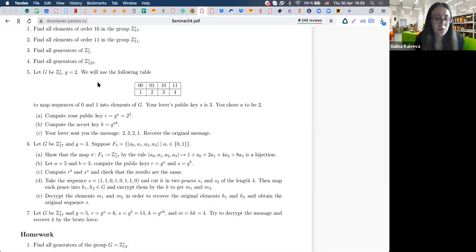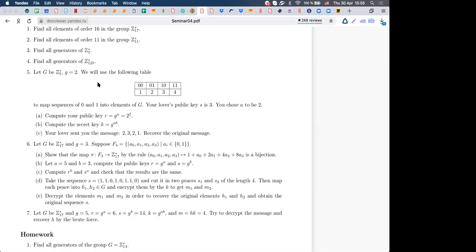So we know that the public key is 3. And what is the public key? Do you remember? The public key of the other person. It's the key which everyone sees. Yes, I forgot how to define it. It's something in the power of something. Yeah, it's like our private key in some power.